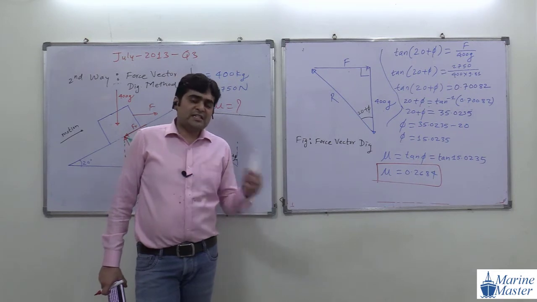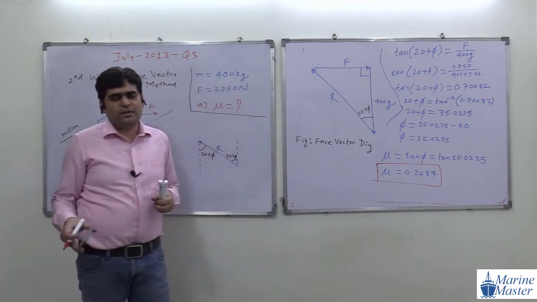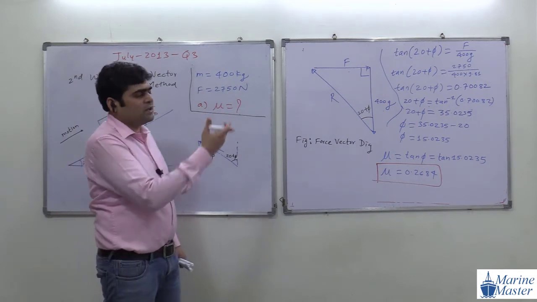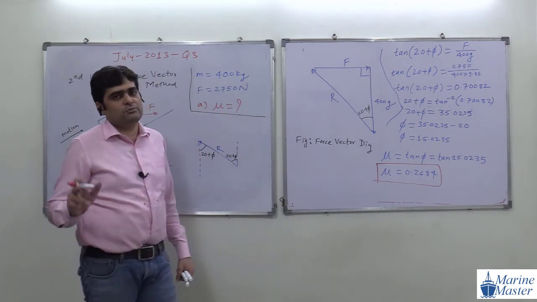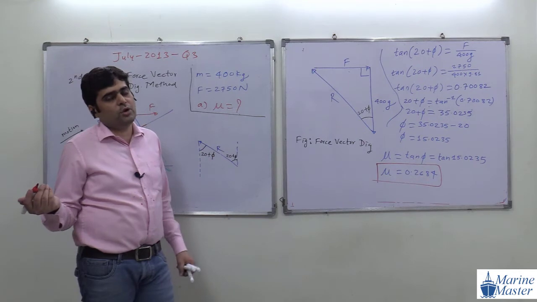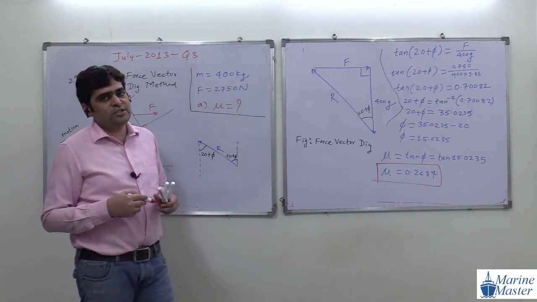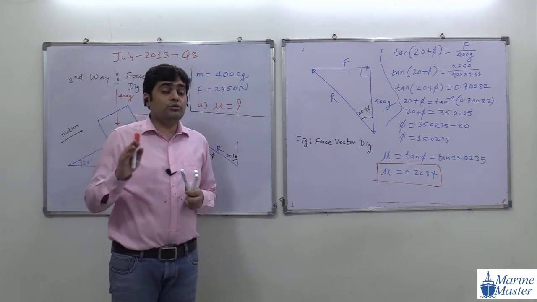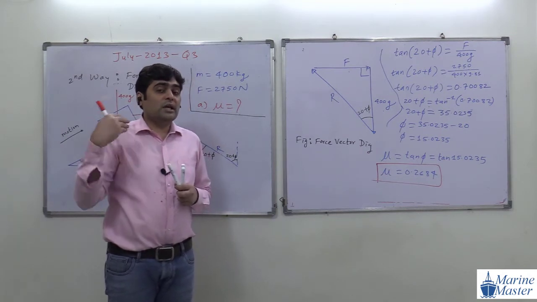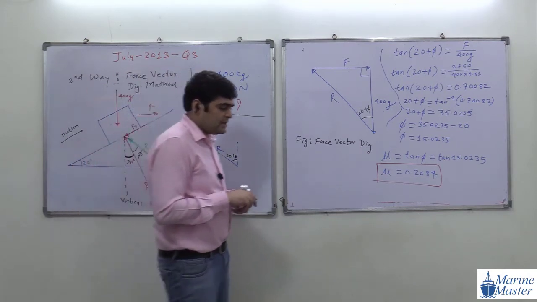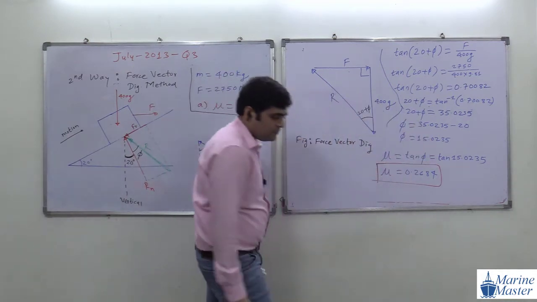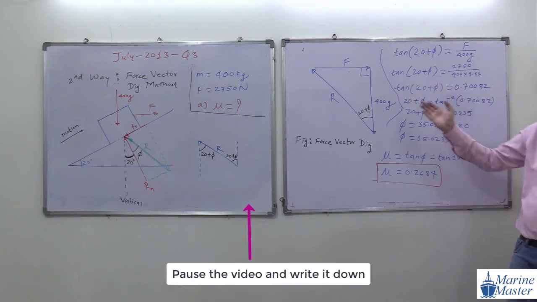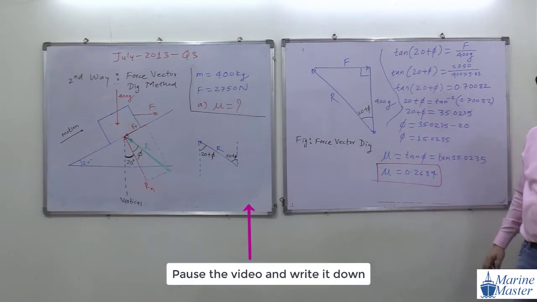In linear motion, which we are going to study, we are not going to use the force vector diagram method, because the velocity will not be constant there, or the object is not stationary. In that scenario we have to go for the equilibrium equations only. Everyone, please write down all these things.